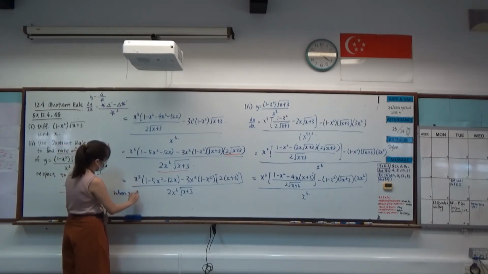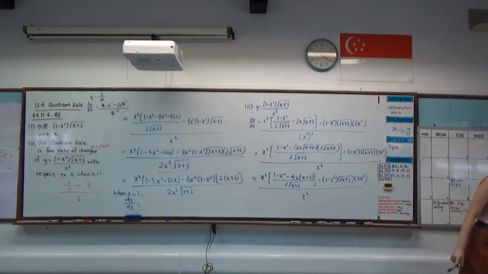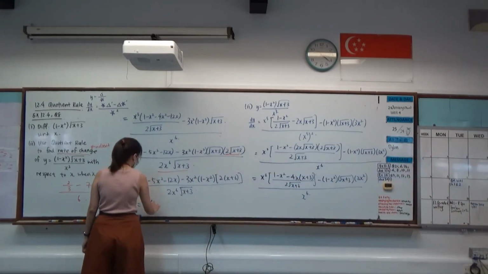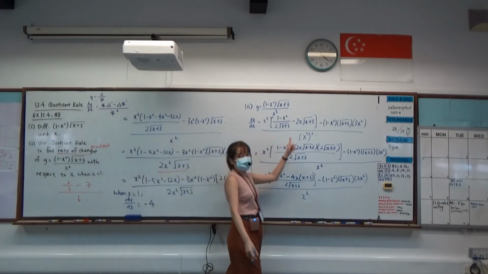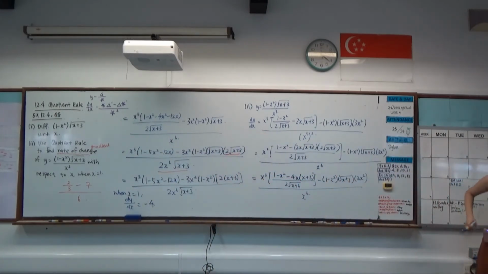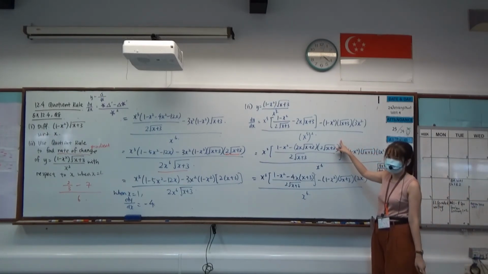When x equals to 1, dy over dx, what do you get? Negative 4. You put inside here, you should also get negative 4. Yes, you can put in from here, you can put it from here.